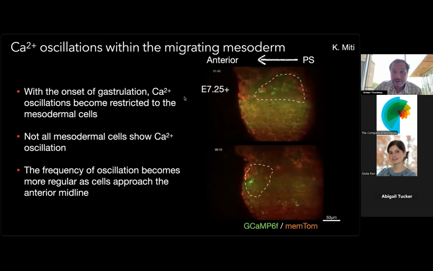We also quantified this, and we found that as the cells migrate towards the anterior, their frequencies become more regular. Although they're still not in phase with each other, they have more regular frequencies. And one thing we know is that amongst these cells are the progenitors of the heart.